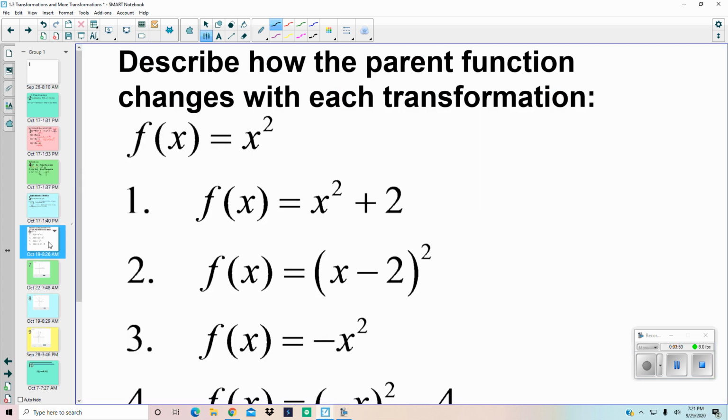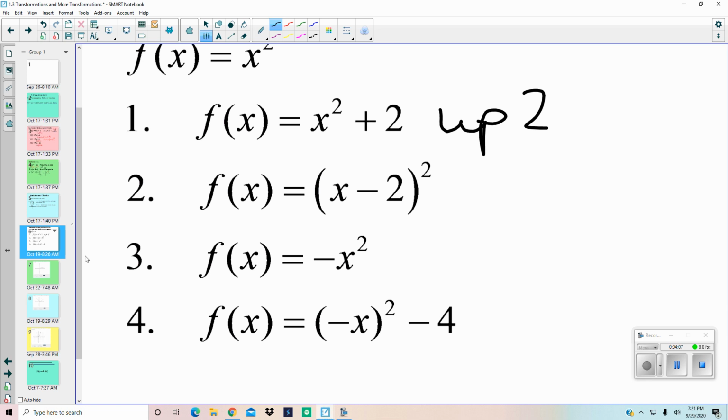All right, so let's just take the x squared function, and if you're going to describe what the transformation is doing. So in number 1, it's moving the whole function up 2 units. Number 2 would be moving the function to the right 2 units.